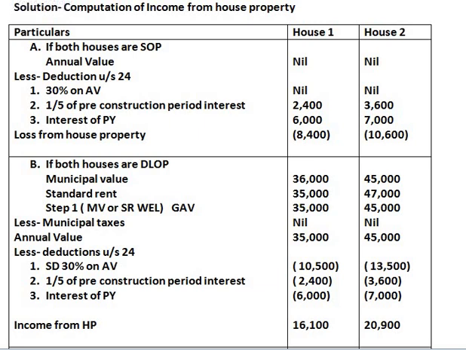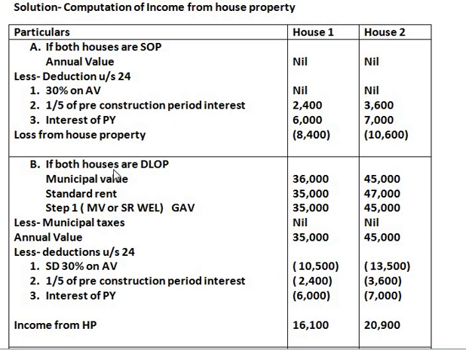Now, the next and the last important step is to give a conclusion to the solution. Here, when we consider both houses as self-occupied property, we get loss from house property 1 of 8,400 and loss from house property 2 of 10,600.